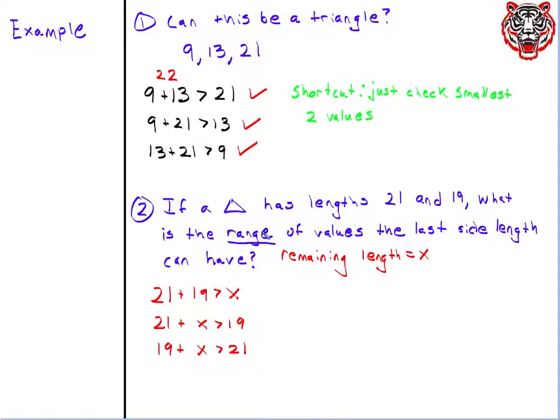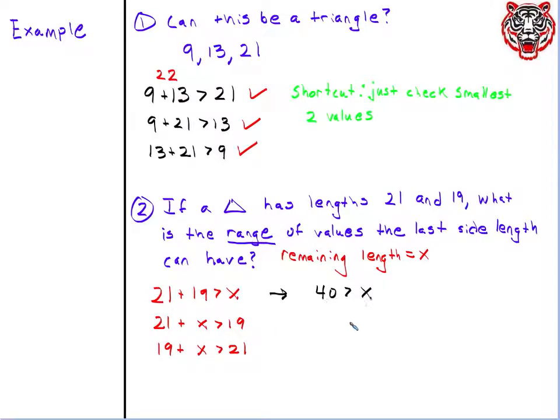So what is the range of values? I have to solve for all of these. In this case, 21 plus 19 becomes 40, which is greater than x, or vice versa. You can say x is less than 40. And then from this inequality, I have x on this side. I'm going to subtract 21 on both sides.